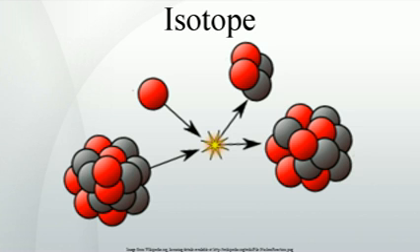Attempts to place the radioelements in the periodic table led Soddy and Kazimierz Fajans independently to propose their radioactive displacement law in 1913, to the effect that alpha decay produced an element 2 places to the left in the periodic table, while beta emission produced an element 1 place to the right.